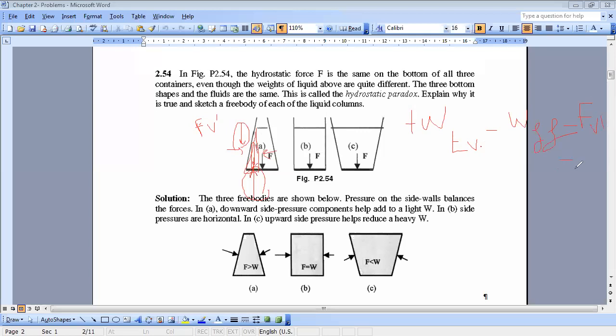If you take FV prime to the other side, what do you get? You get that FV prime in magnitude is the weight of the total volume. This is an imaginary weight if you want. I don't have a fluid in the full part, but the expression of the force here is equal to the weight of the total volume. And when I subtract from it the weight of the filling part, the part filled with water, so minus W of the filled part, what do I get?